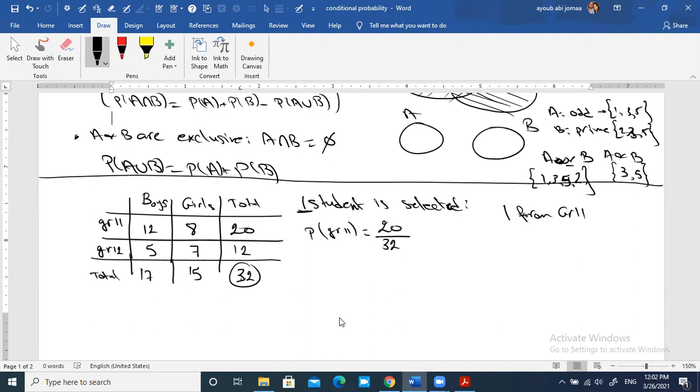Yeah. If I ask, what is the probability that this student is a girl and from grade 11? Sir, how 32? Because grade 11 has 20 students.